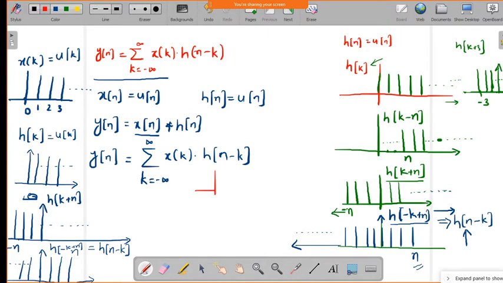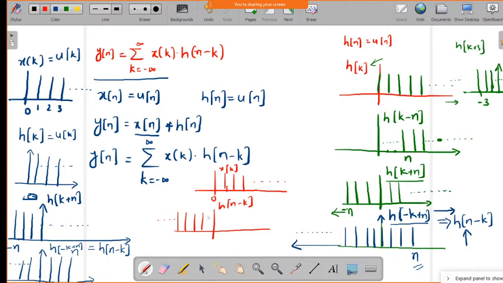So now x of k is from 0 to infinite value, and similarly this is your h of n minus k.